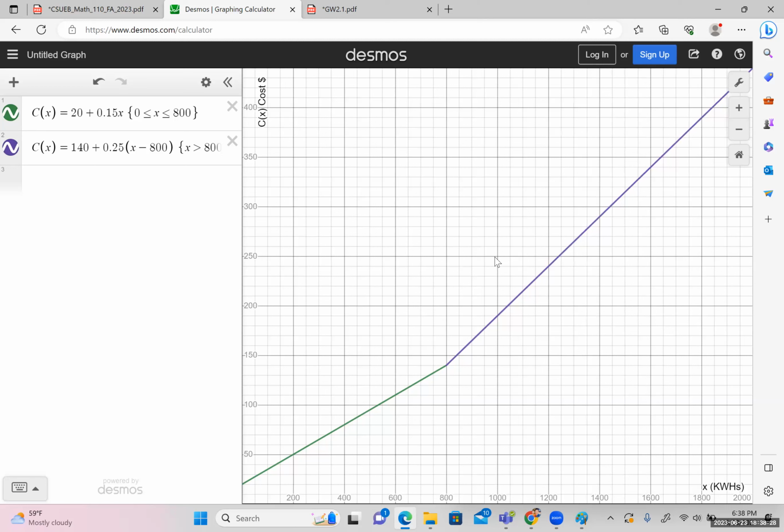Okay, so this is the function of the cost of electricity that you want to see, right? And it's also a piecewise function.